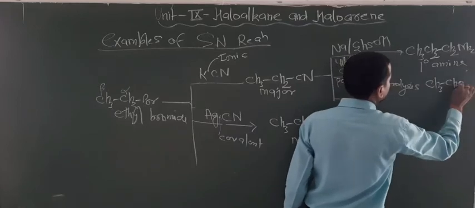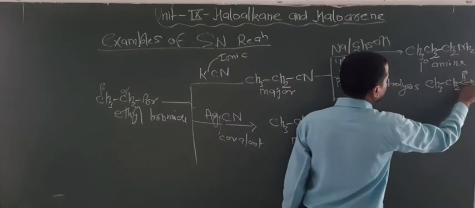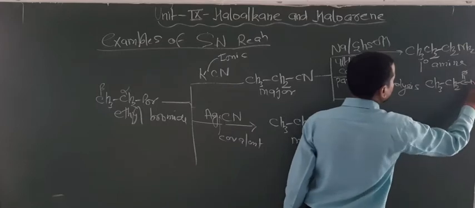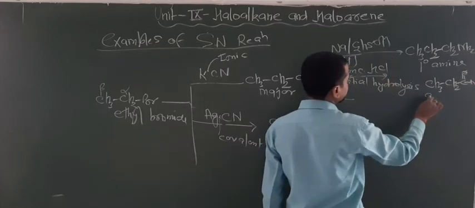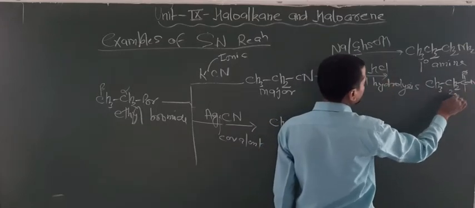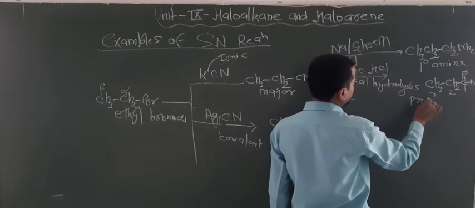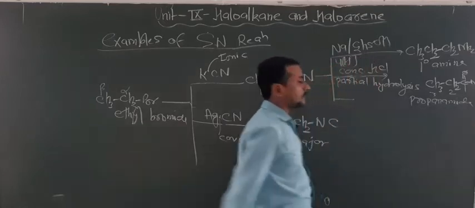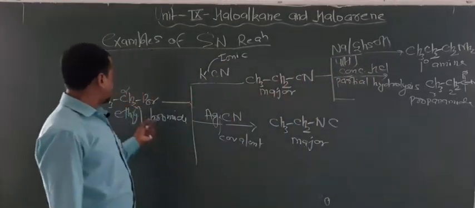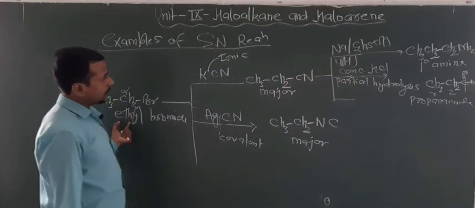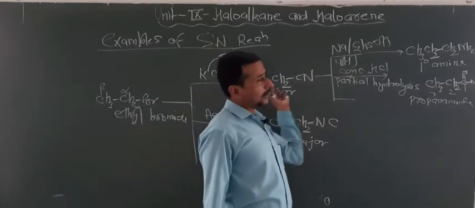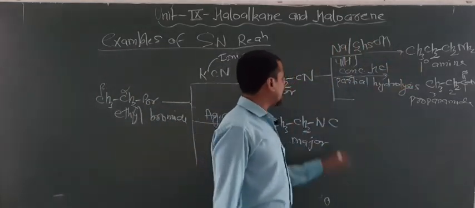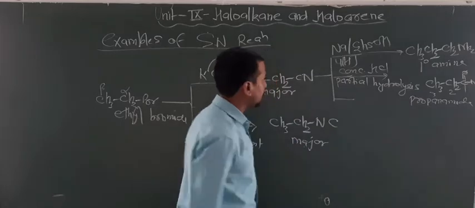So look here, what will this form? An amide. The name of this amide is propanamide. So from here we can convert cyanide into a 1 degree amine, and also it can be converted into an amide.